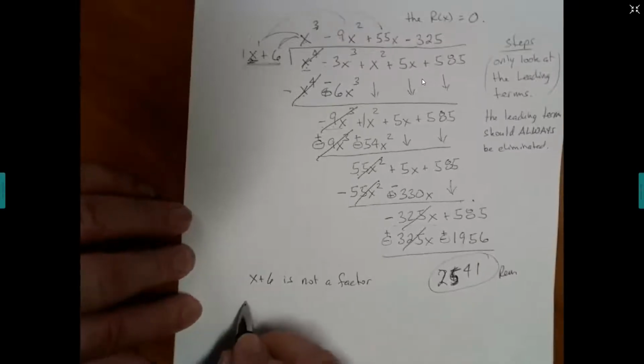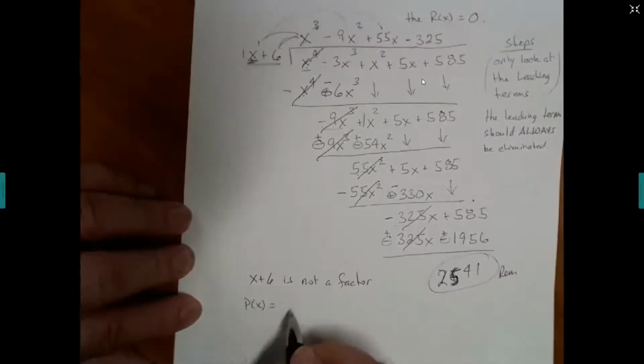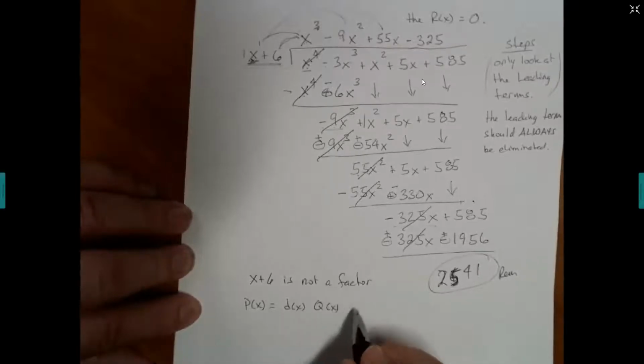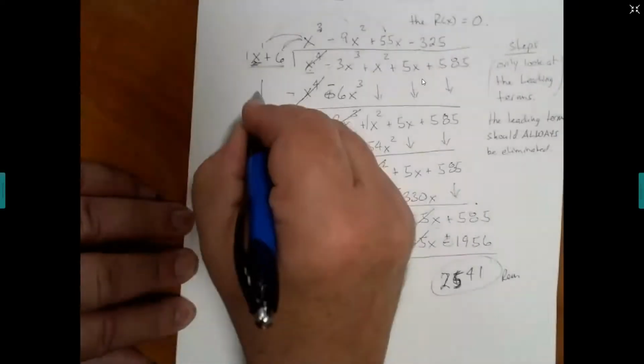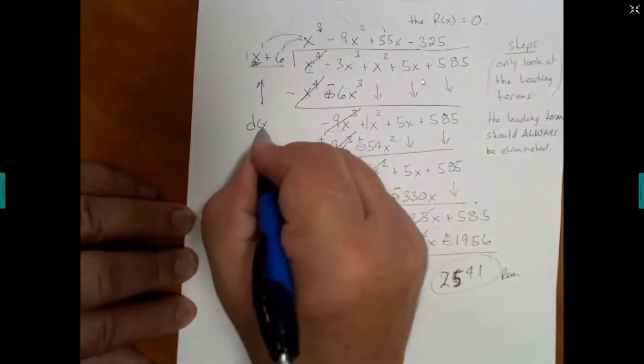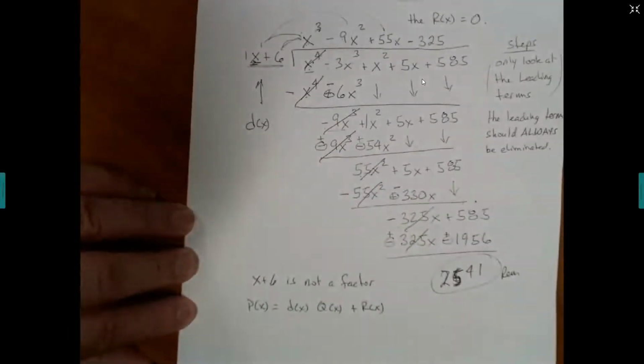So basically, putting it in this way, remember, this is your little d of x. So your little d of x is x plus 6.